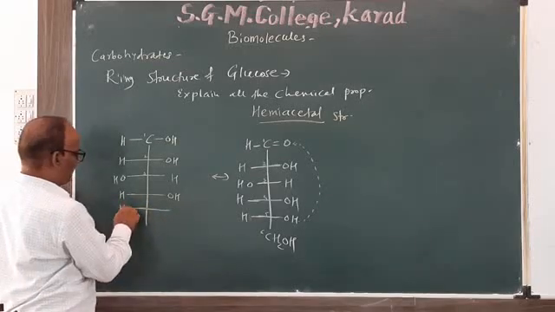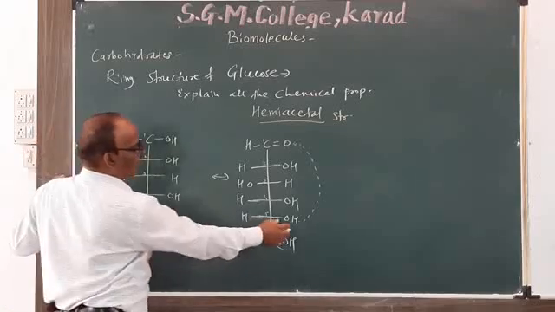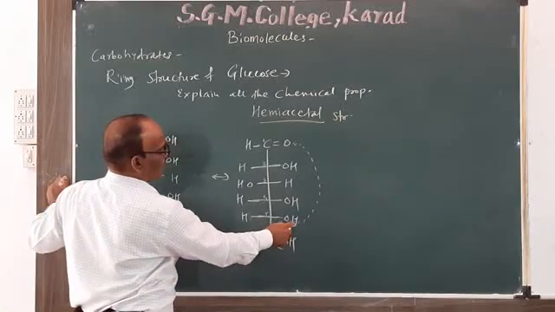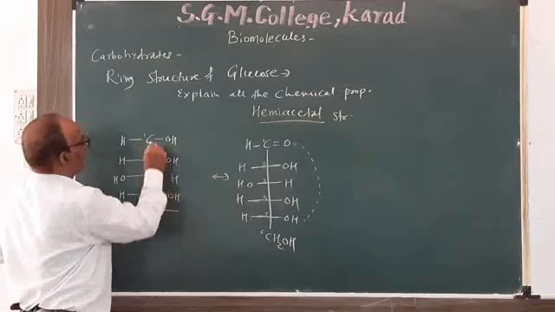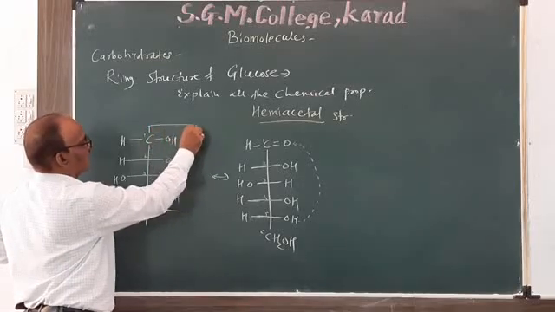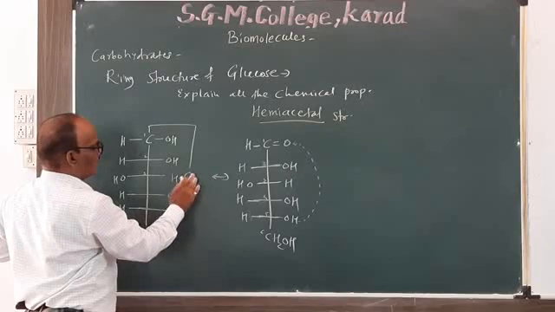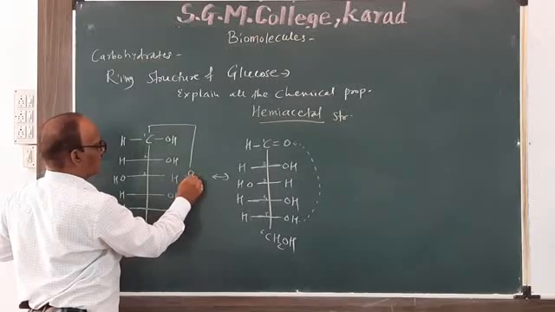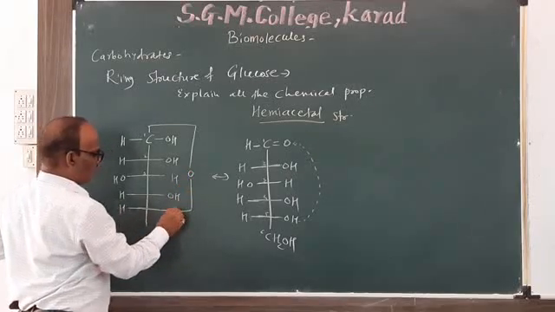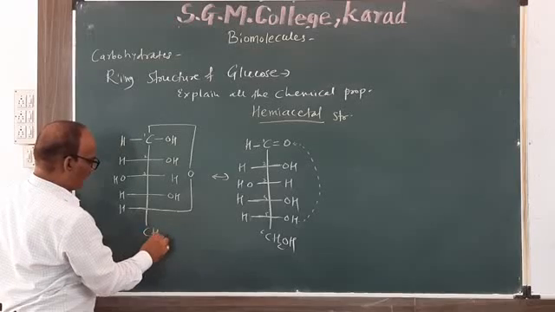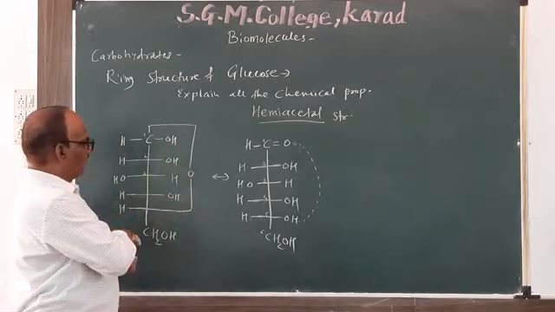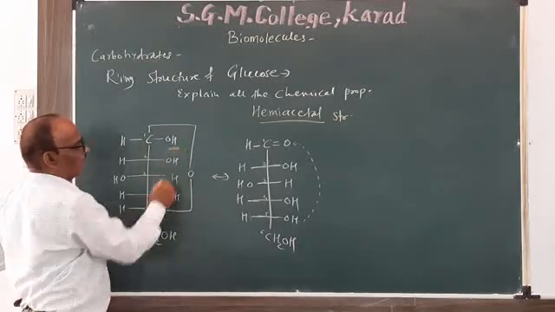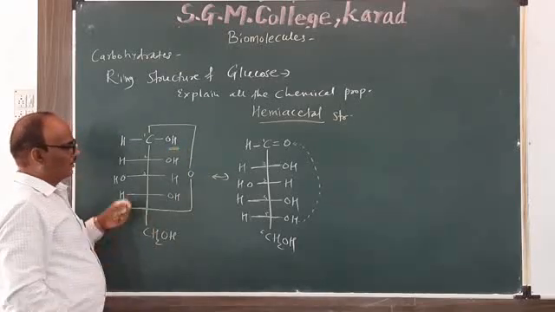Here H is present, and here the OH group. From this OH group, H bonds with this oxygen, forming an OH group, and this oxygen combines with the C1 carbon, forming a ring structure. The last group is CH2OH. In this structure, the OH is present on the RHS.